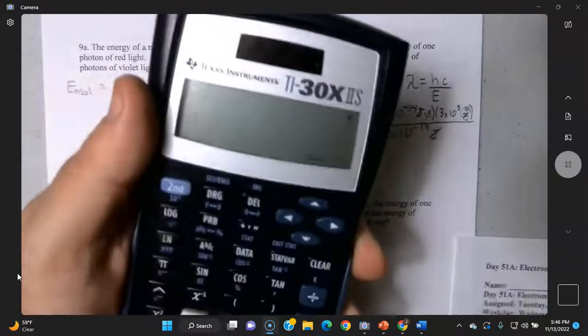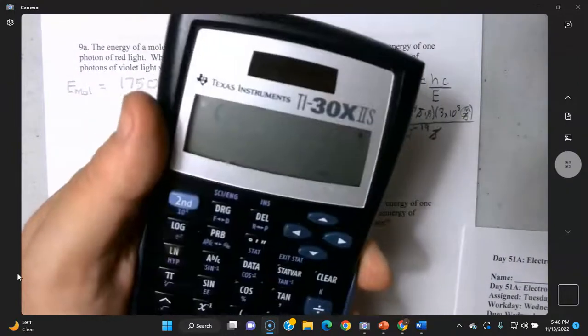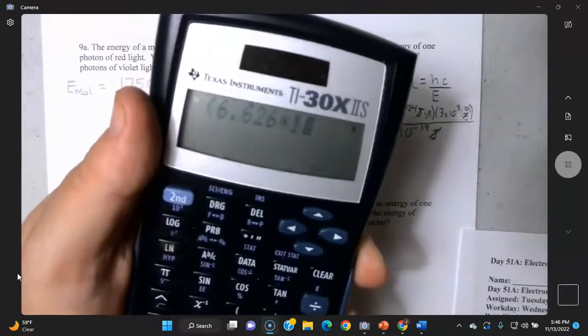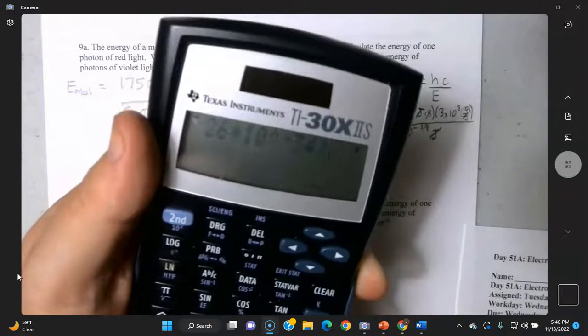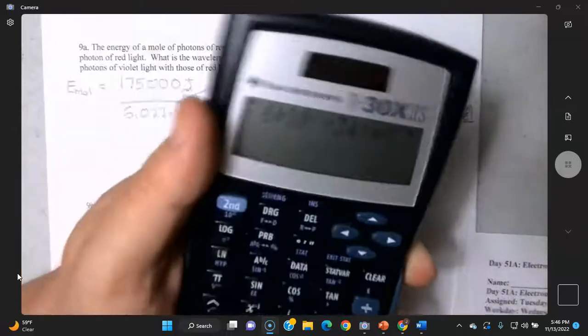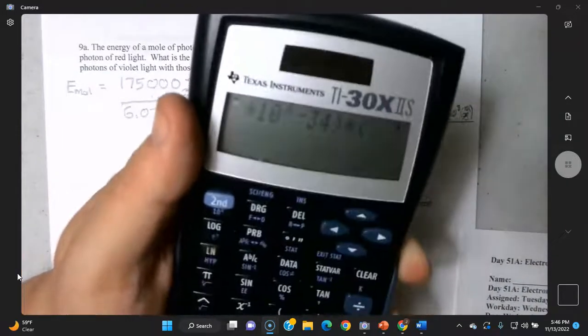Clear my calculator. 6, whoops, I'm going to actually start with a parenthesis. I'm going to close the parenthesis, times the speed of light, and I need to open a parenthesis again.